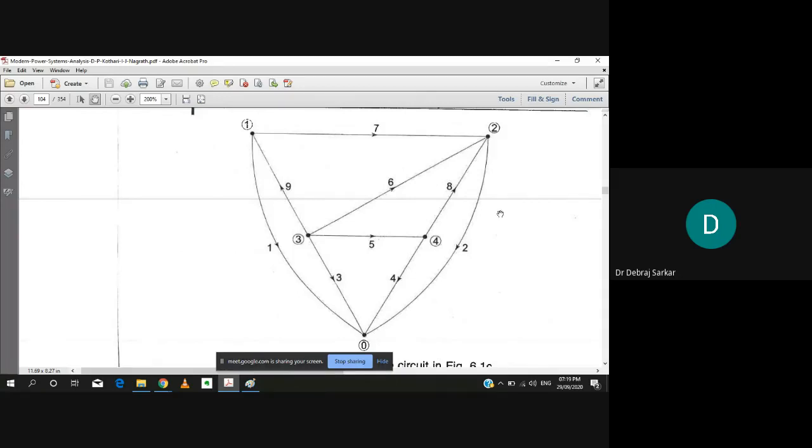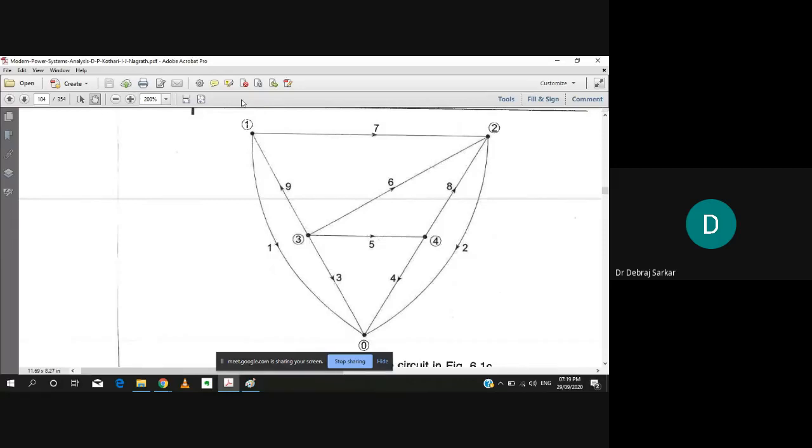You can take a screenshot or whatever. This is the graph, and I'll show you the Y bus matrix. Just check whether you are doing it properly or not. Just take a screenshot or something. I'll give it a second.